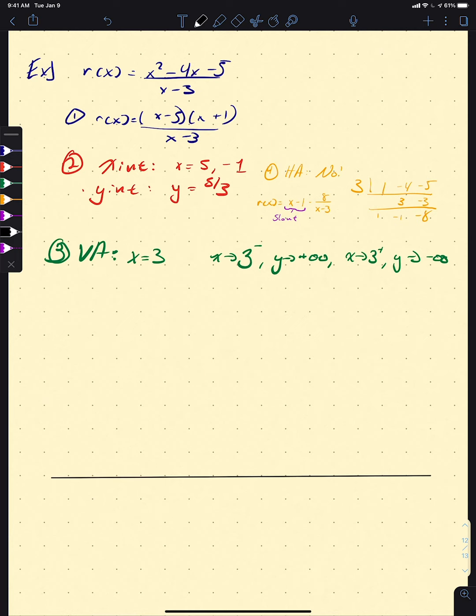Okay, and we'll put that there. We have a vertical asymptote at x equals 3, so we'll count out 1, 2, 3. Our x-intercept is here and here. And our slant asymptote looks like this.